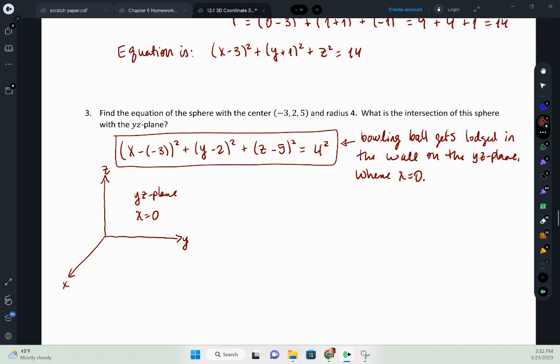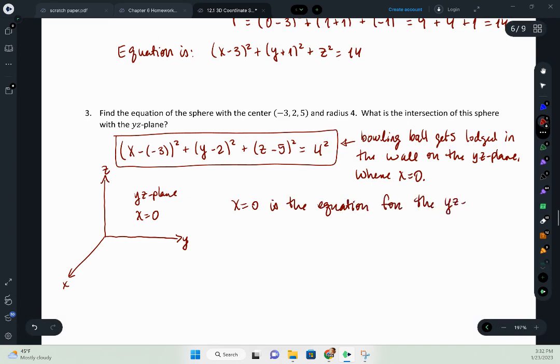When we're trying to find an intersection of two different shapes, in our case, one of the shapes is the plane, one of the shapes is a sphere. What we do is we take the equation of one of them and we substitute it into the equation of the other. X equals 0 is the equation for the YZ plane.